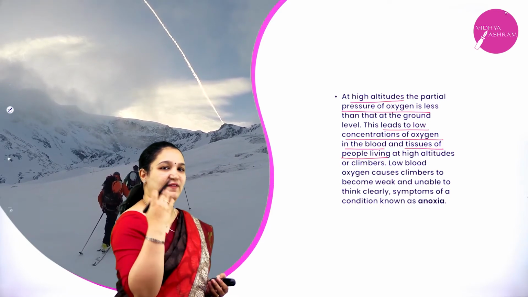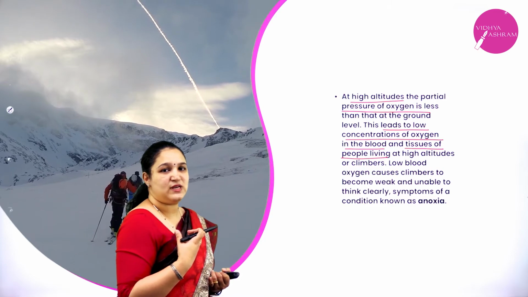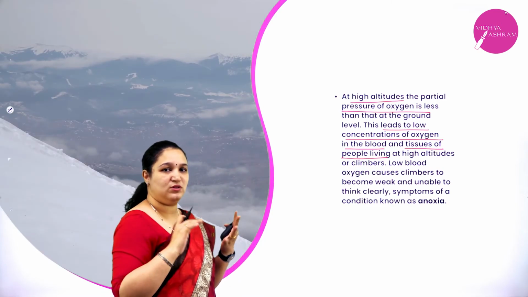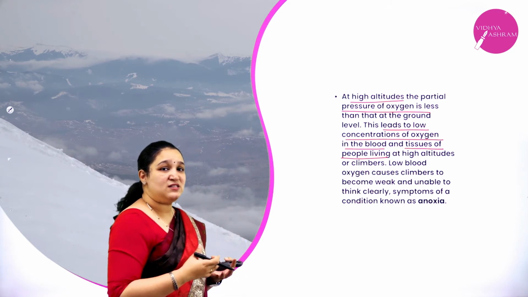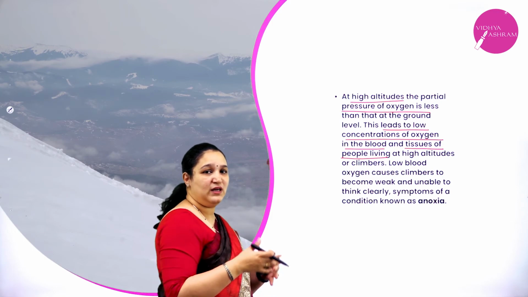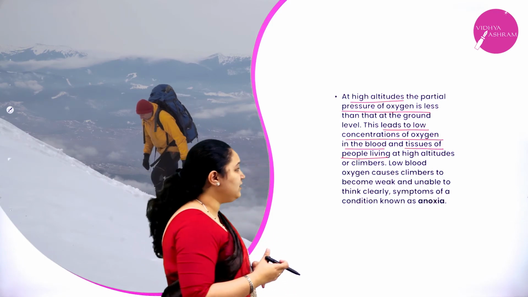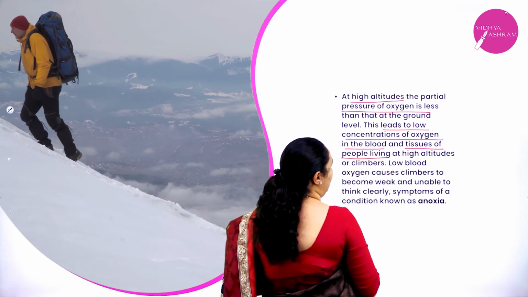If they are living at a very high altitude, the oxygen which all the tissues can get will go on reducing because the pressure around there is very, very less, due to which the gases will not be dissolved properly in the blood, causing the deficiency or the low concentration of oxygen in blood.